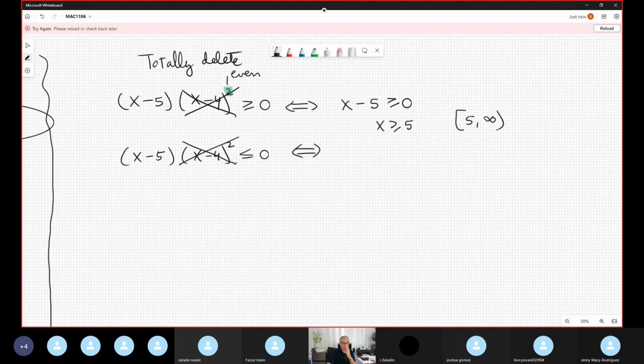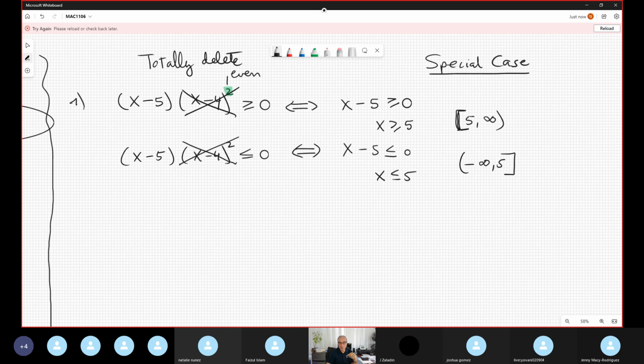You ignore this guy, you convert the problem into this, you solve that, but in this case it's in the opposite direction. So, from negative infinity to 5, bracket. That was bracket. This is a special case you need to be aware of for solving this.